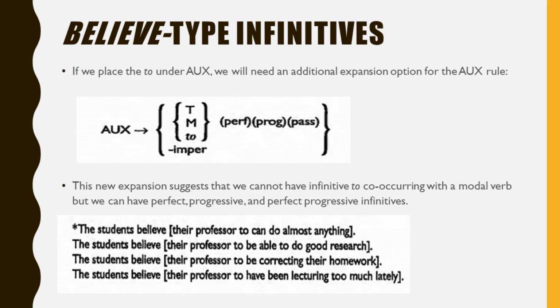Another one is the students believe their professor to be correcting their homework. The to be correcting there is an example of a progressive infinitive. And the last one is the students believe their professor to have been lecturing too much lately. The to have been lecturing there is an example of perfect progressive infinitive.